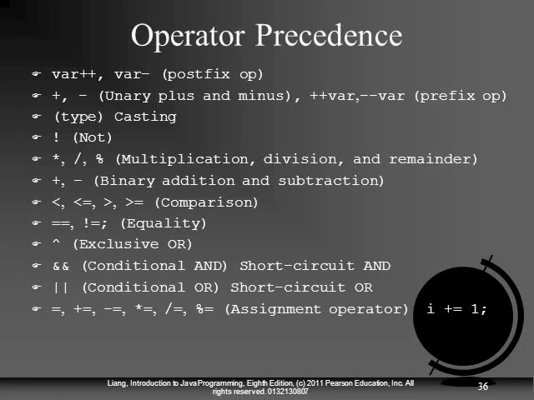And then we are followed by the logical operators, the exclusive or, and the regular or, the conditional or. Notice that and is evaluated before ors, right? And then we have those special assignment operators that are last in our order of operations.